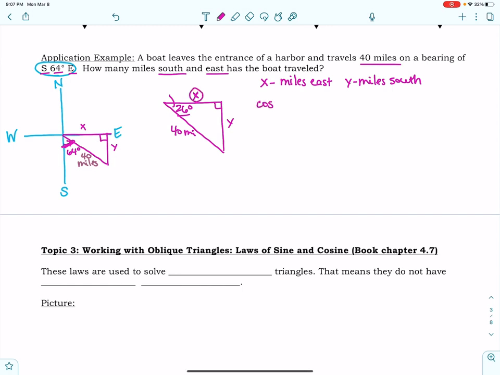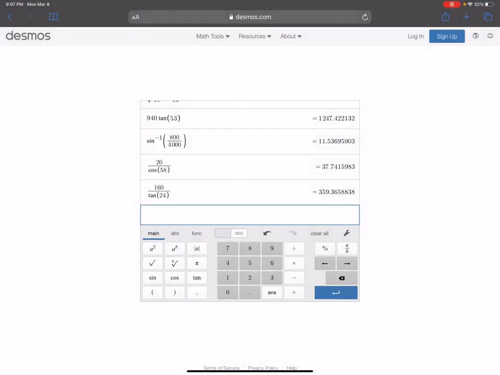So that's going to be cosine of 26 equals adjacent over hypotenuse. I'm going to cross multiply here. I'm going to use Desmos, my calculator here. So I've got 40 times cosine of 26 degrees.